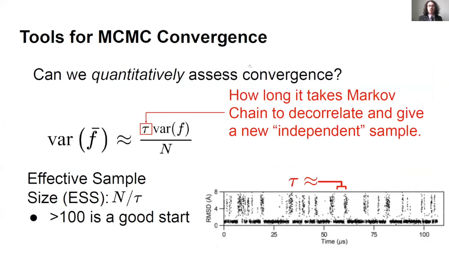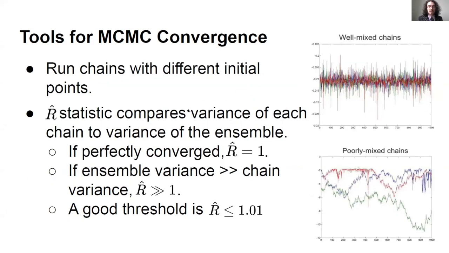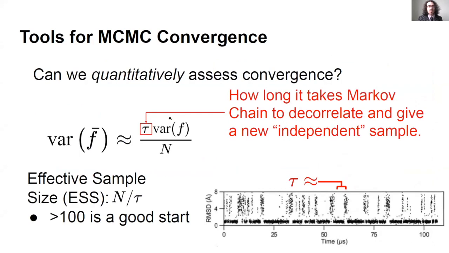So this gives a bit of a qualitative measure. I mean, this is a statistic, but ultimately it's not really telling you about the actual variance of your simulation, and a quantitative measure of the number of samples, how converged you are. So what you really want to quantitatively assess convergence is something like the autocorrelation time, or equivalently the effective sample size.